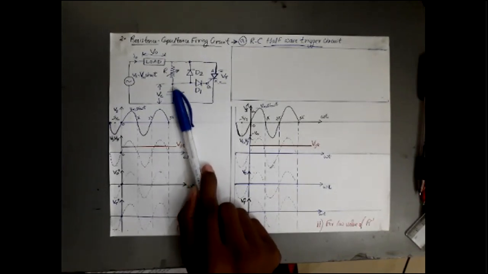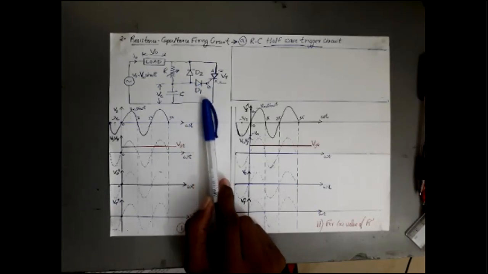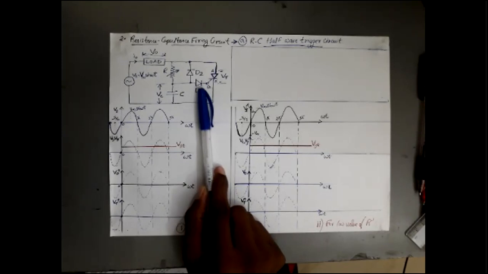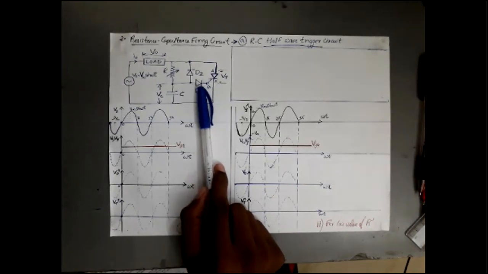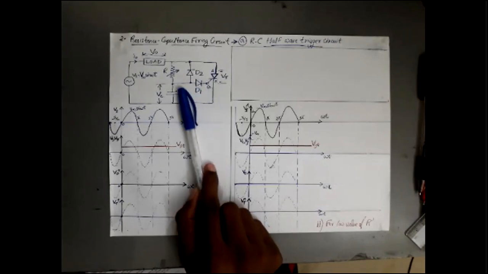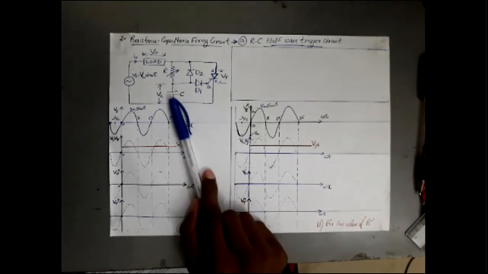A negative voltage would appear across my gate cathode terminal. If there is no D1, the gate cathode terminal will have a negative voltage and that will damage my device. In order to avoid such a situation, I have connected a diode D1, and this D1 will conduct only when my VC is positive. Hope this circuit is clear for you.